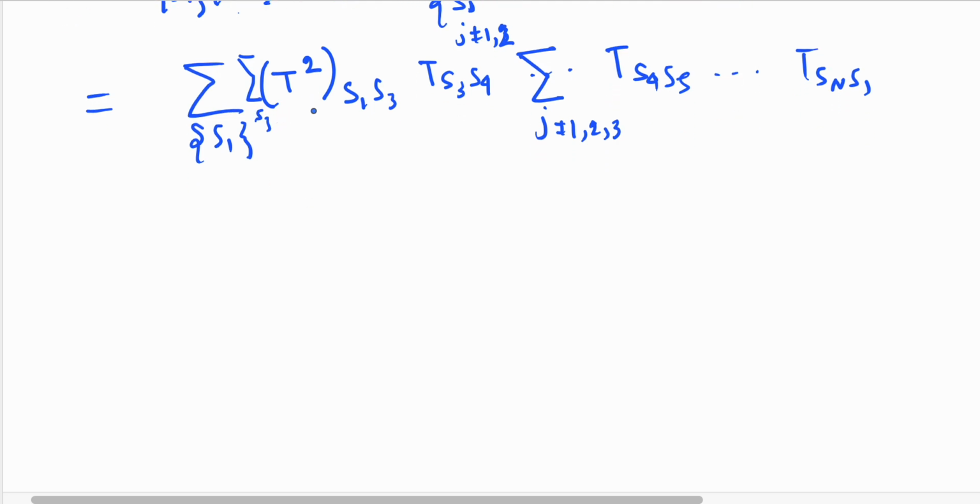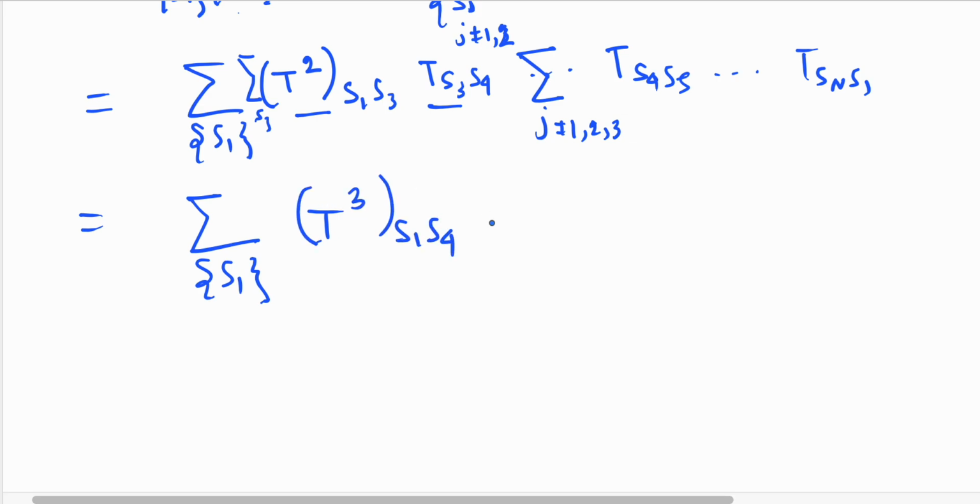Now again by the matrix multiplication rule, if we sum over this S3 we will get T cubed, whose element will be (S1, S4). Similarly, if we do this again and again, at last we will get the summation over S1. This sum will not be used by any of the matrix multiplications.